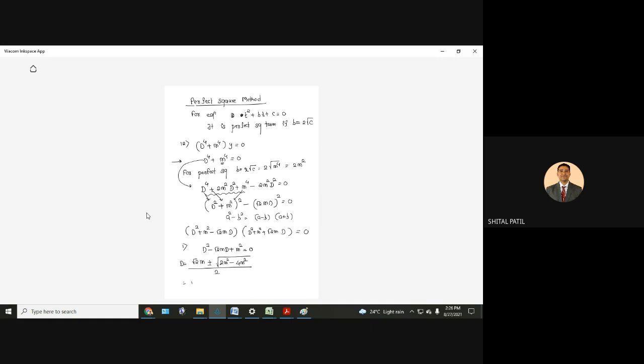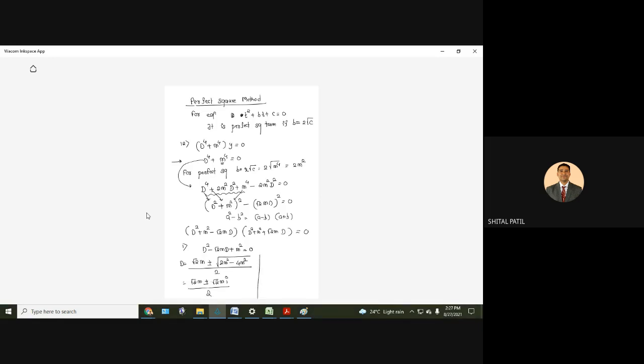So root 2m plus minus, this is 2m square will remain, minus 2m square. Okay, so root 2m, I divide by 2.